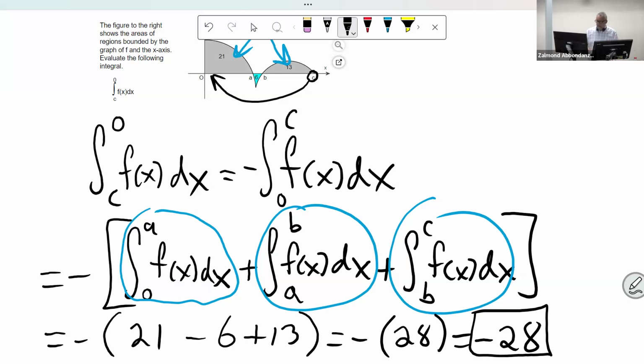So the difficulty here is just being very careful about signs and realizing that the area has a relationship to the integral, but it's not always exactly equal to the integral. It depends on whether it's above or below the x-axis. And also they threw in the little trickiness about having the bounds of integration going from right to left instead of left to right.